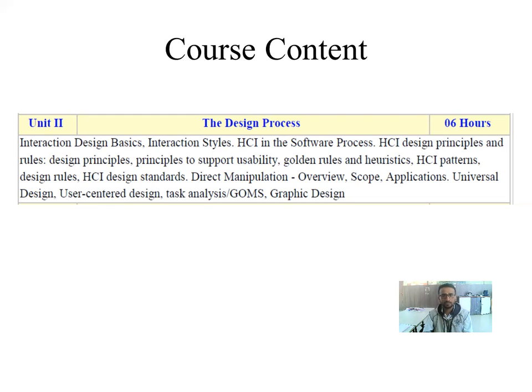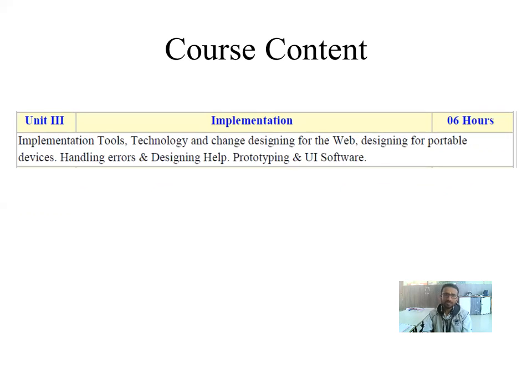We also have HCI patterns, design rules, HCI design standards, and then direct manipulation. That topic we are going to discuss with the help of its overview, the scope of direct manipulation and different applications. The universal design concept is there that we are going to discuss. User-centered design, task analysis, that is GOMS, and graphic design. All this part we are going to cover under this second unit, the design process.